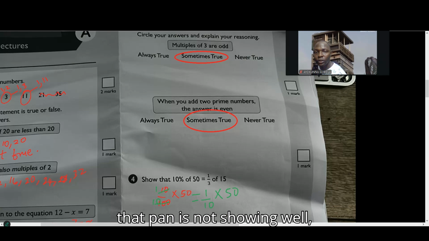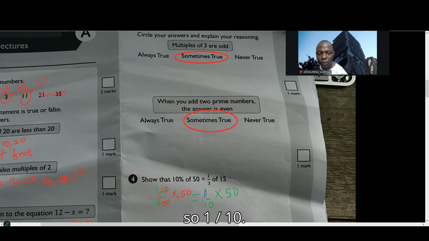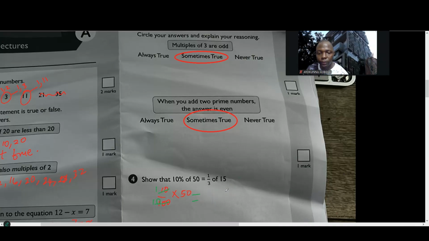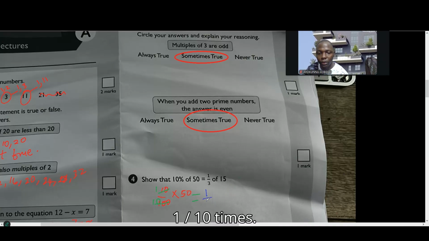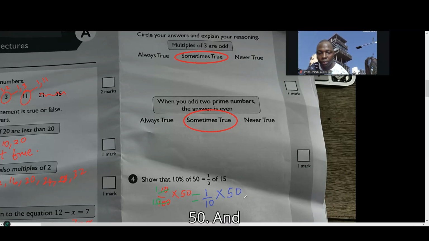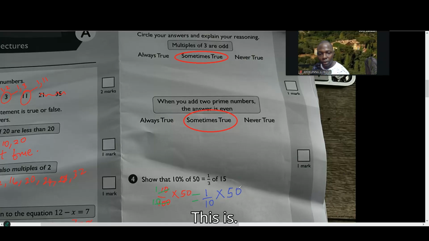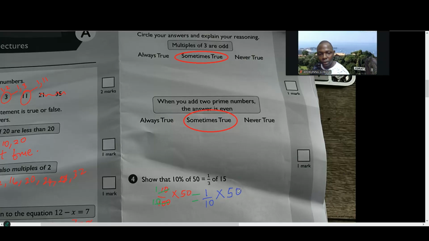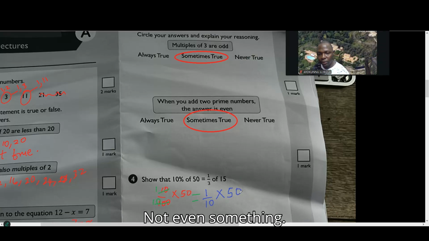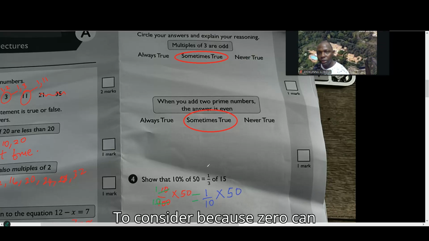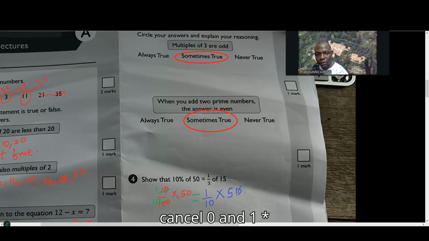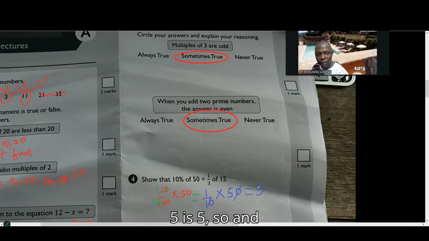That pen is not showing well, so I'm going to write it again. 1 over 10 times 50. And this is not even something to consider, because 0 can cancel 0 and 1 times 5 is 5.